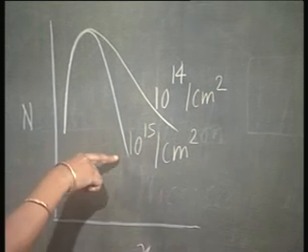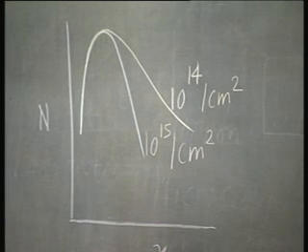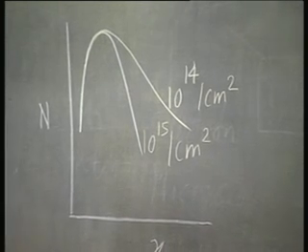If the dose is more, you will have a more Gaussian profile than if the dose was less.